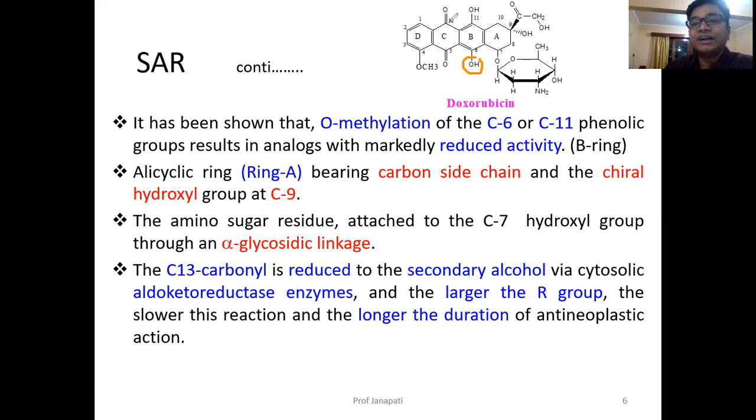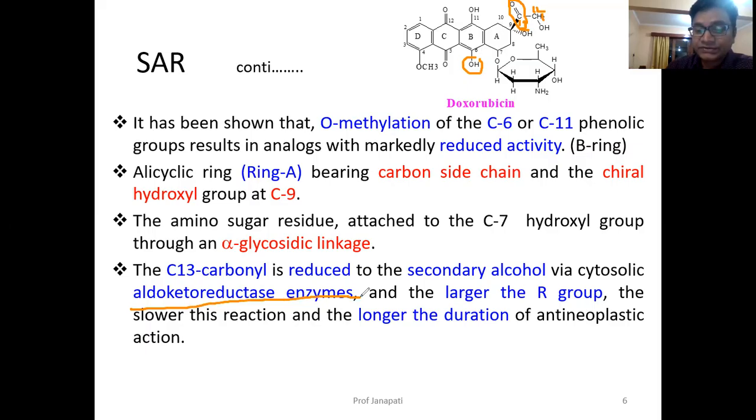This is 13. See, after 12, this is 13. If you give continuous numbering, this is 14. If you reduce this carbonyl group, you are getting a secondary alcohol by the help of the aldo-keto reductase enzyme.